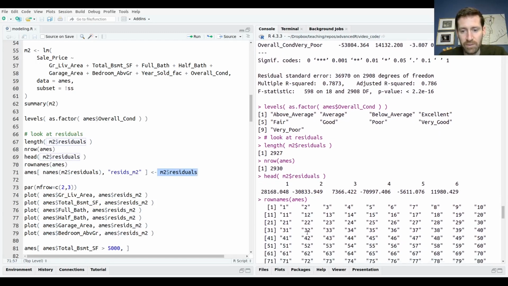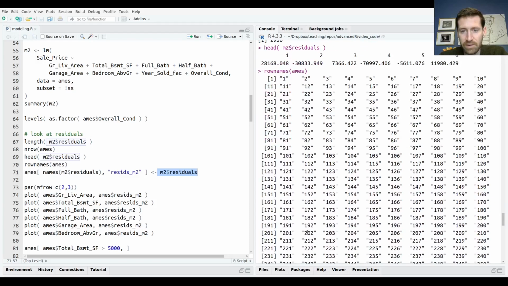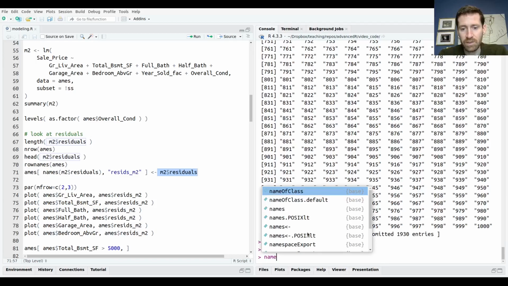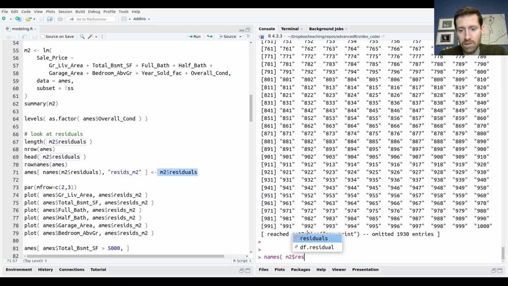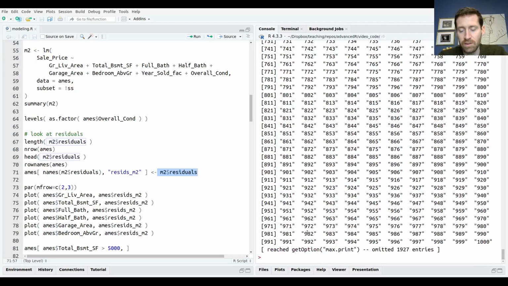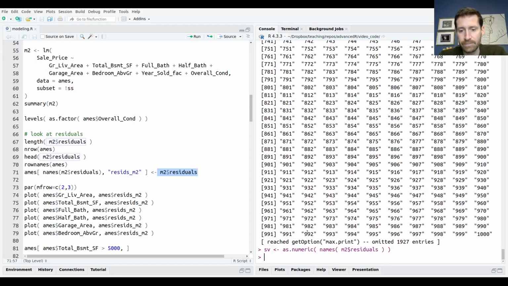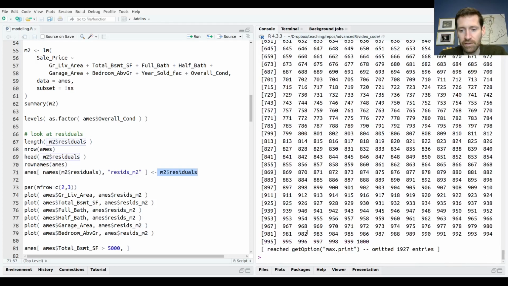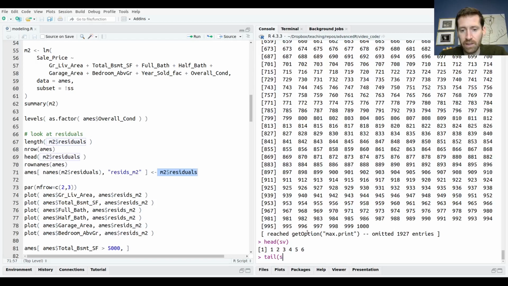Actually, we should figure this out. All right, let's go through this. So names of M2 residuals, and we want to do some operations on these, so I'm going to convert this to a number. So there's save, head, tail.